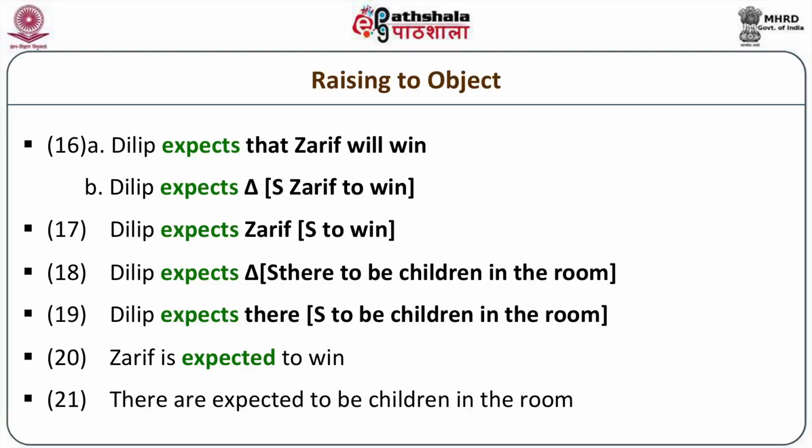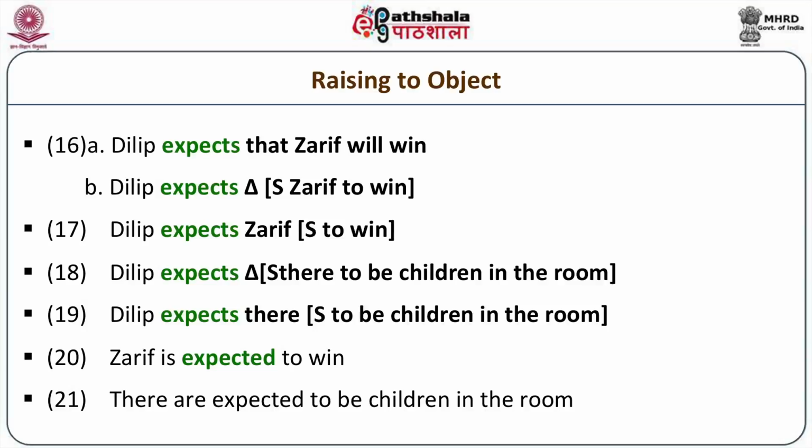As you can see, if it moves upstairs, the only place it can go is the position of the object of expect. In order for it to be able to go to that position, there has to be in the deep structure a place waiting for it to come and occupy. You need a placeholder. So we arrange for there to be a Greek capital delta, a dummy, in the object position of expects.